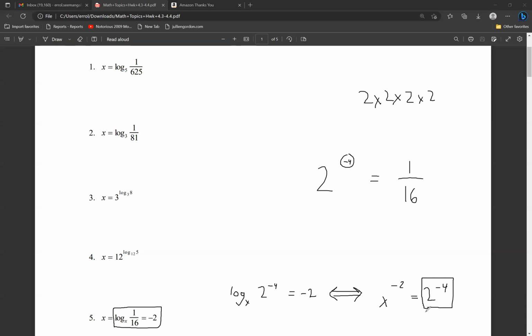They're saying x equals negative 2 here. If x is negative 2 right here, and that's equal to x, can't we just plug in the negative 2 right there?